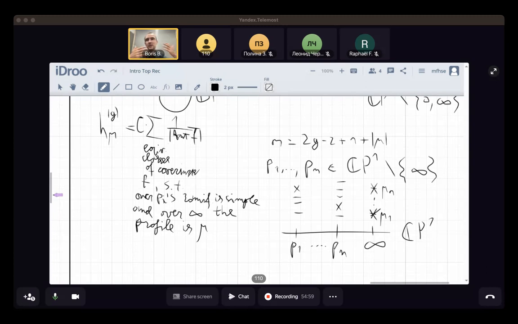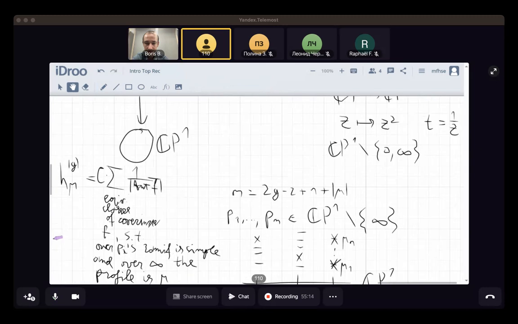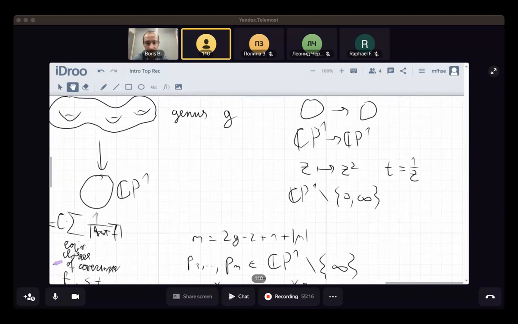So it's clear that it acts fiber-wise, and in each fiber re-enumerates the sheets of the covering. Yes. Let's look at our example, which we have here.